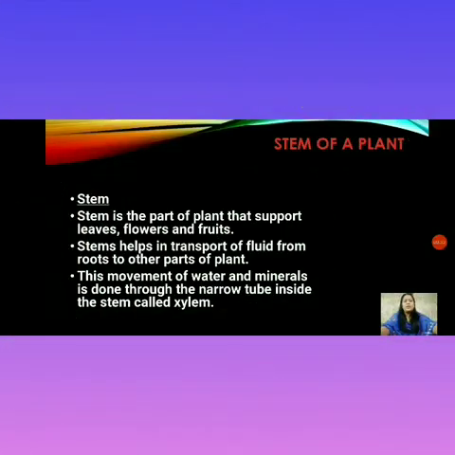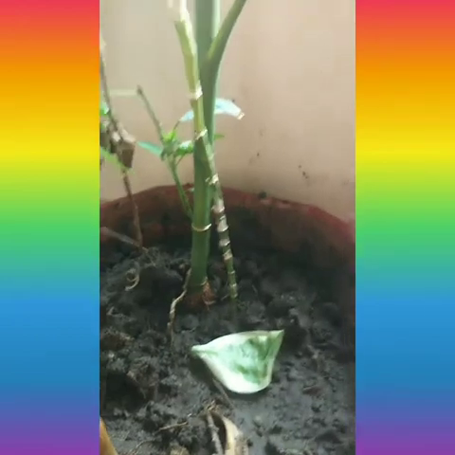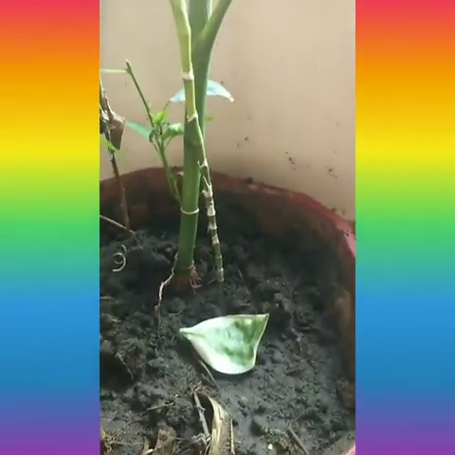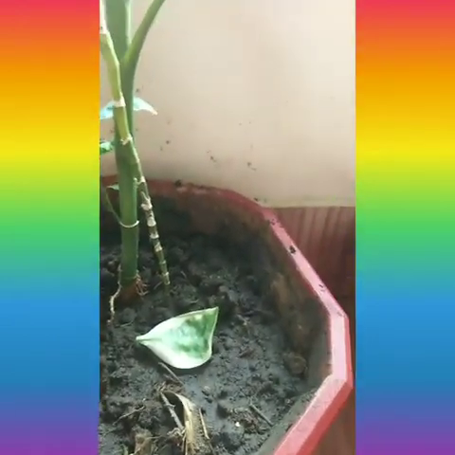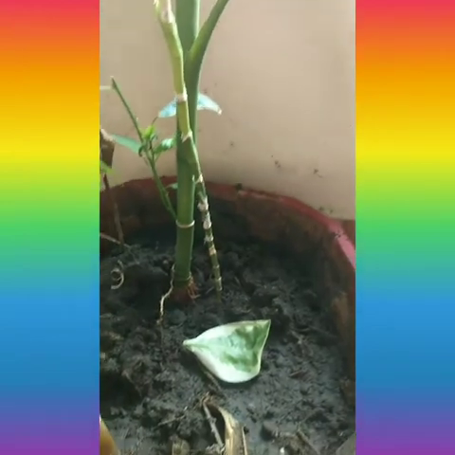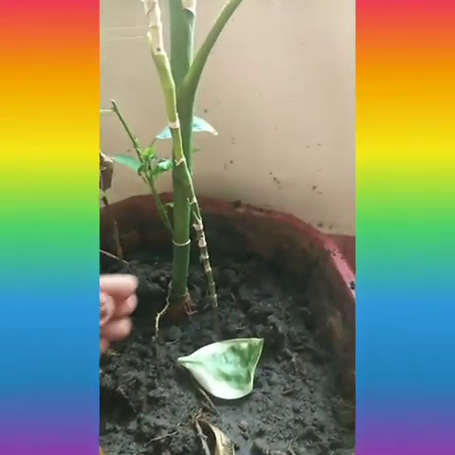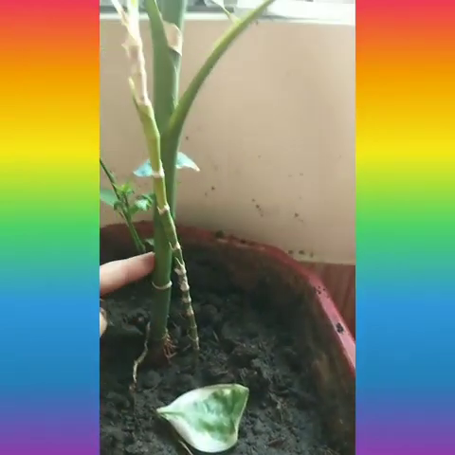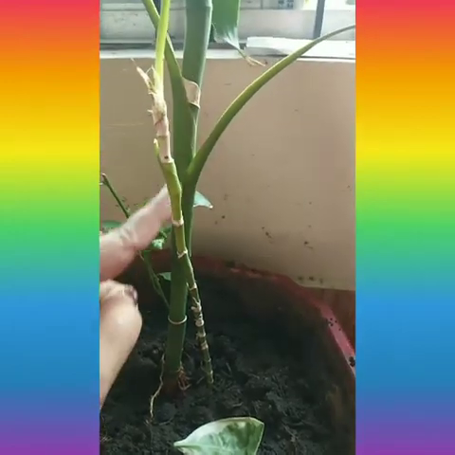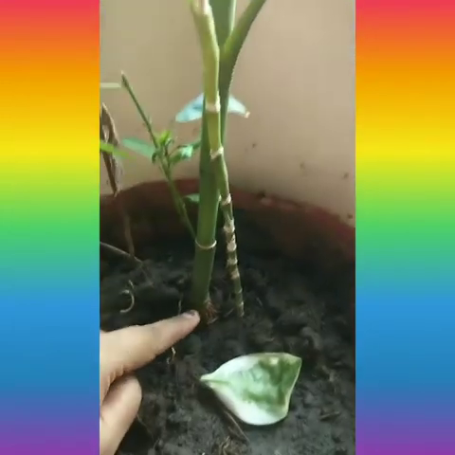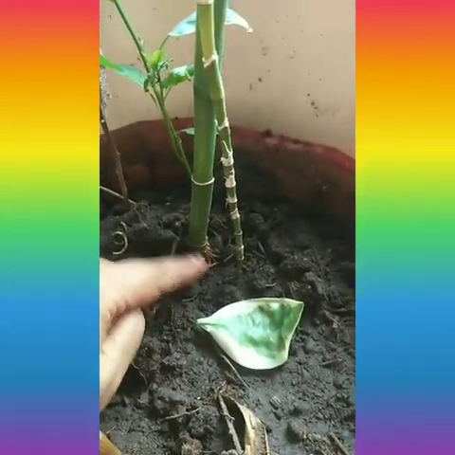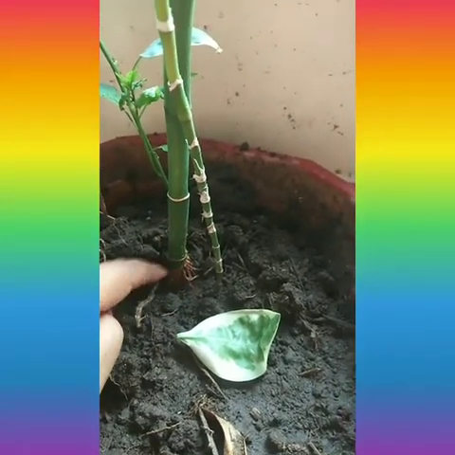Now, dear students, let's discuss the stem of a plant. But before that, let's look at some stems. As we are discussing the stem, I would like to show you the structure of the stem. You can see this is an example of the stem, and you can see the roots are emerging out of this stem.